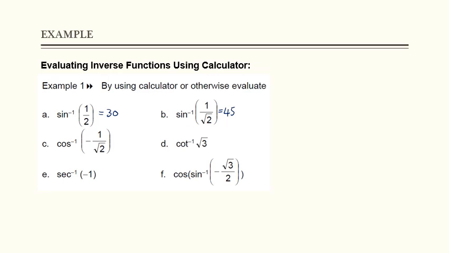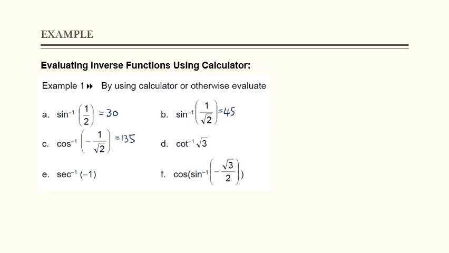C, cos inverse negative 1 over square root 2 is 135. And then cotangent.